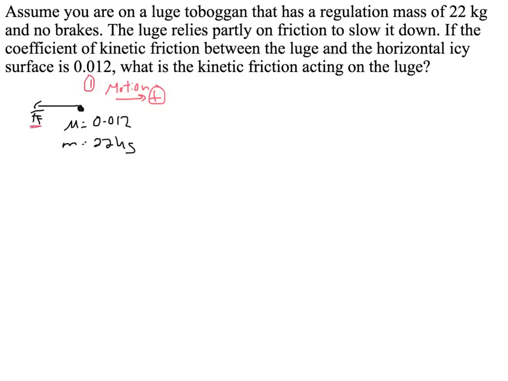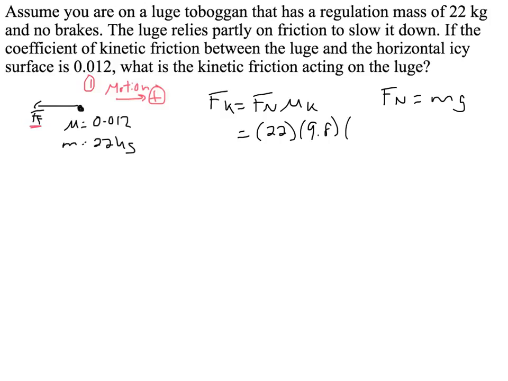So now let's write down our equation. We know that Fk equals Fn times mu k. Since it's moving, we know it's kinetic. Plug in some numbers. We know Fn equals mass times gravity. Therefore Fn is going to equal 22 times 9.8, and we're going to multiply that by mu k, and mu k we know is 0.012.